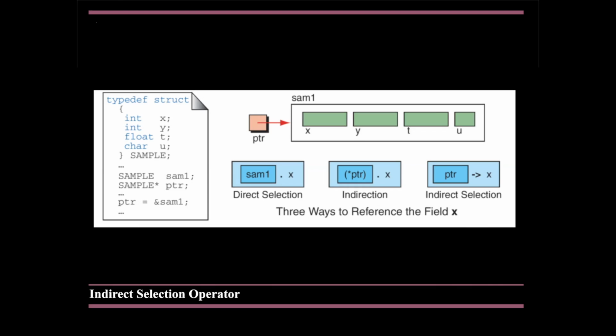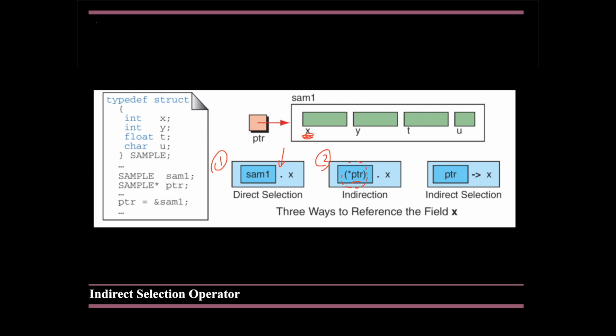So there are three ways to reference or fetch the field x here. We talked about all three of them. One is a direct selection, meaning you take the structure and you use the dot operator. The second way is, assuming you have a pointer that points to this structure, you can dereference that pointer, which gets you back that SAM1 structure.